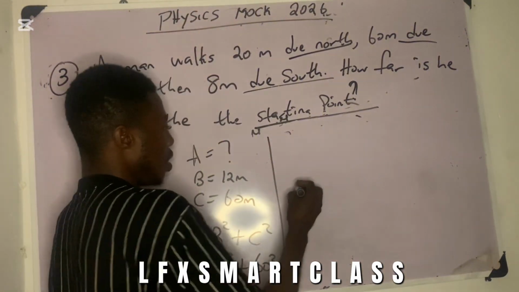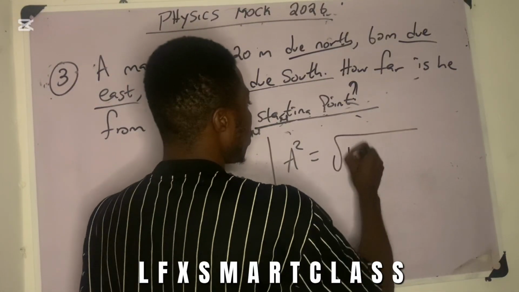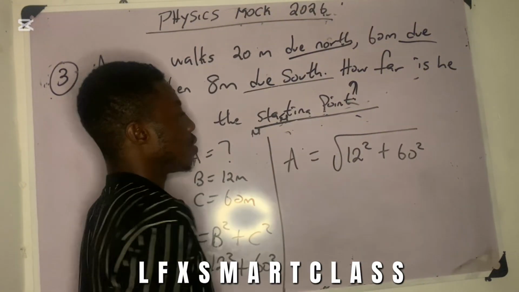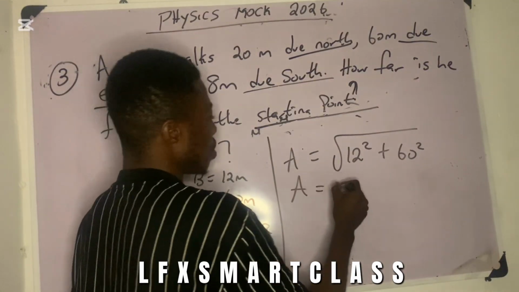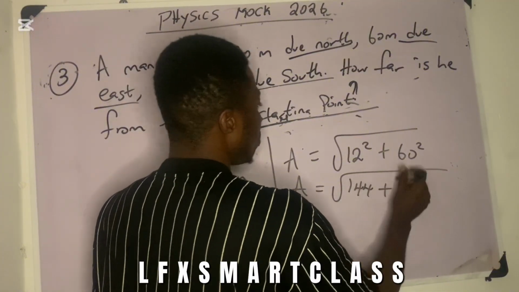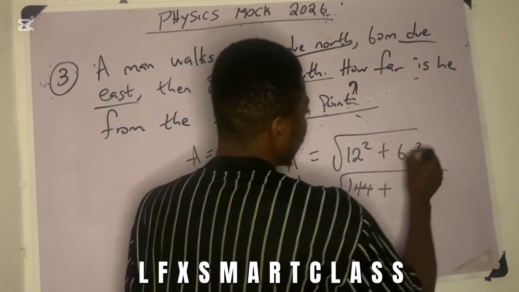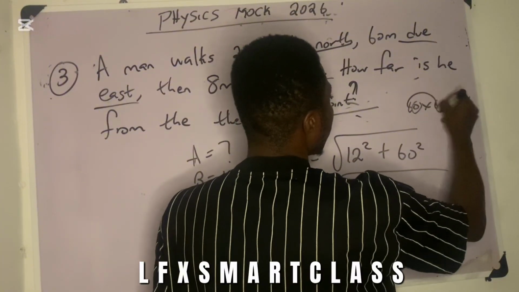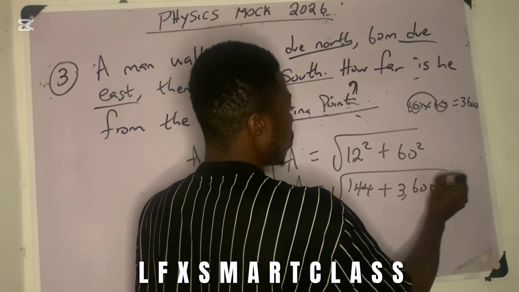So if I have that now, A is equal to the square root of 12 squared plus 60 squared, because I've actually removed the squared and put it as square root. So my A is equal to 12 squared is 144 plus 60 squared is 3600. 60 times 60, 6 times 6, that's 36, and the zeros give 3600.